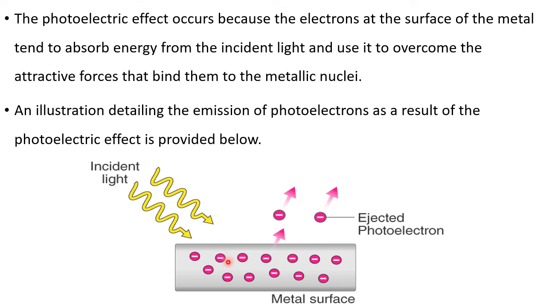Or if you bring incident light whose frequency is exactly equal to the threshold frequency, then it may have a small impact. But if you want a good result, you should bring a light whose frequency is very much more than the threshold frequency. Then only photoelectrons are ejected or emitted out. Photoelectric effect is there, otherwise no.